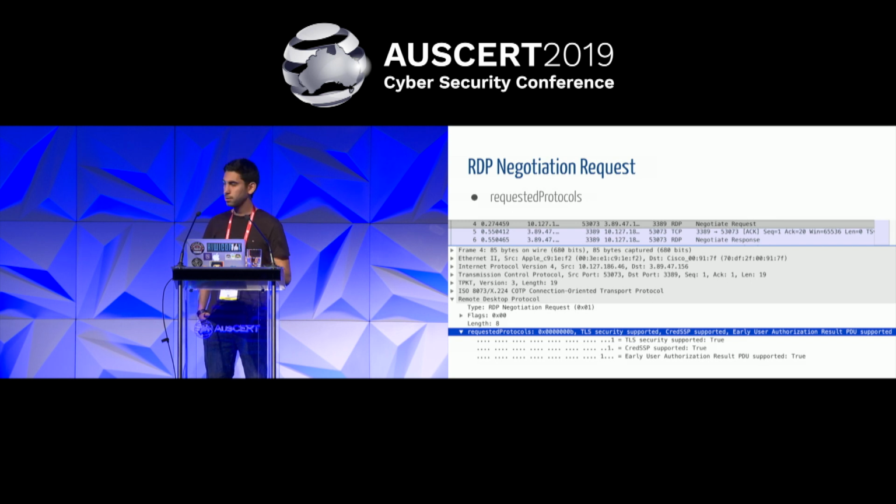Here you can see that the protocols are set by the client. What we have in the screenshot is TLS, CredSSP, and RDSTLS. So the client tells the server that it supports these protocols. Then the server selects one and continues the connection.